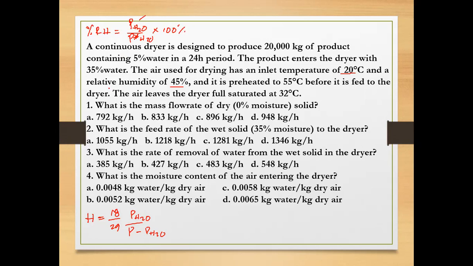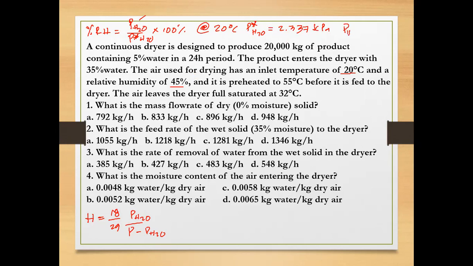Okay, imagine it. If you use the Van Ness steam table and try to find P star H2O at 20 degrees Celsius, you're supposed to get, to memorize it, 2.337 kilopascal. So at 20 degrees Celsius, P star H2O is 2.337 kilopascal. This is from the Van Ness steam table. Multiply this by 0.45.